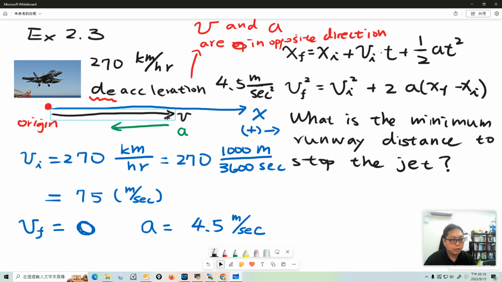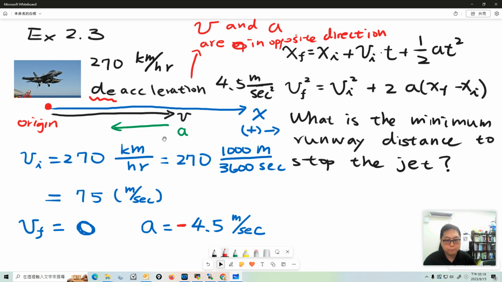The right direction is positive in the coordinate system we set up, so the acceleration pointing to the left is negative. Be careful, it should be negative.